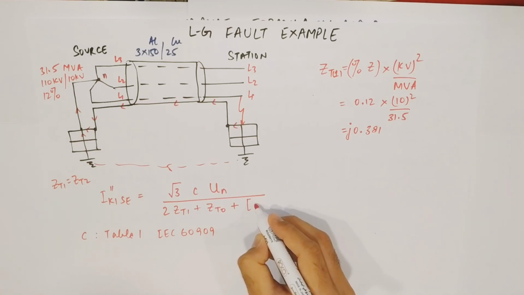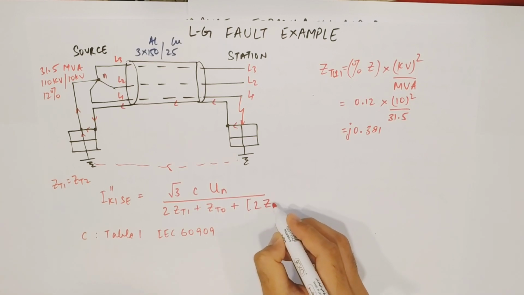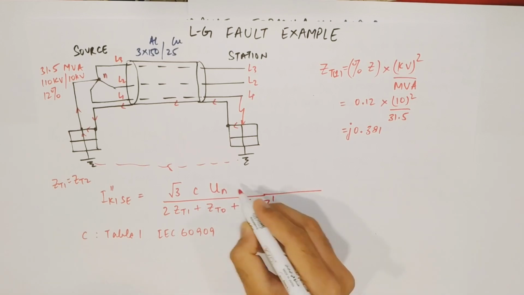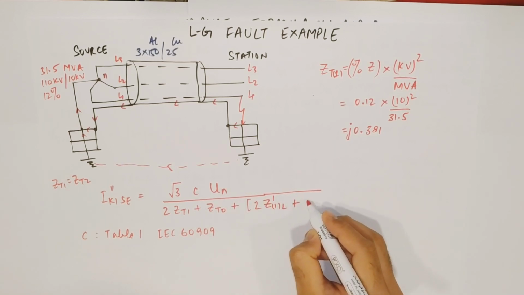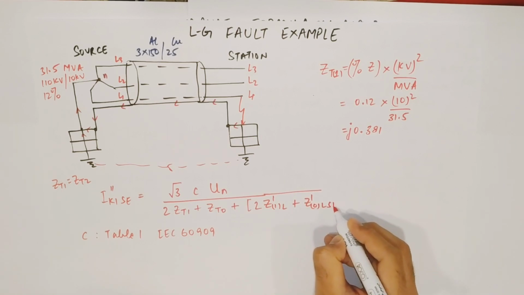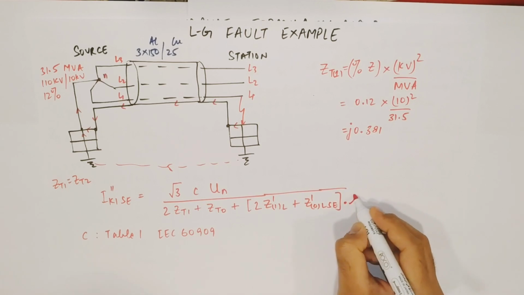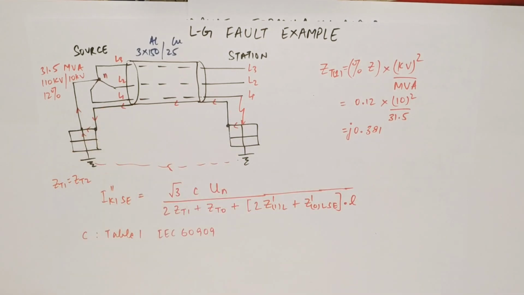Again, assuming the cable positive and negative sequence impedances are the same, it will be twice Z1 dash for the line or the cable, plus Z0 dash, the zero sequence impedance considering sheath and earth return. Now Z dash is per kilometer, so we have to multiply with the length of the cable.